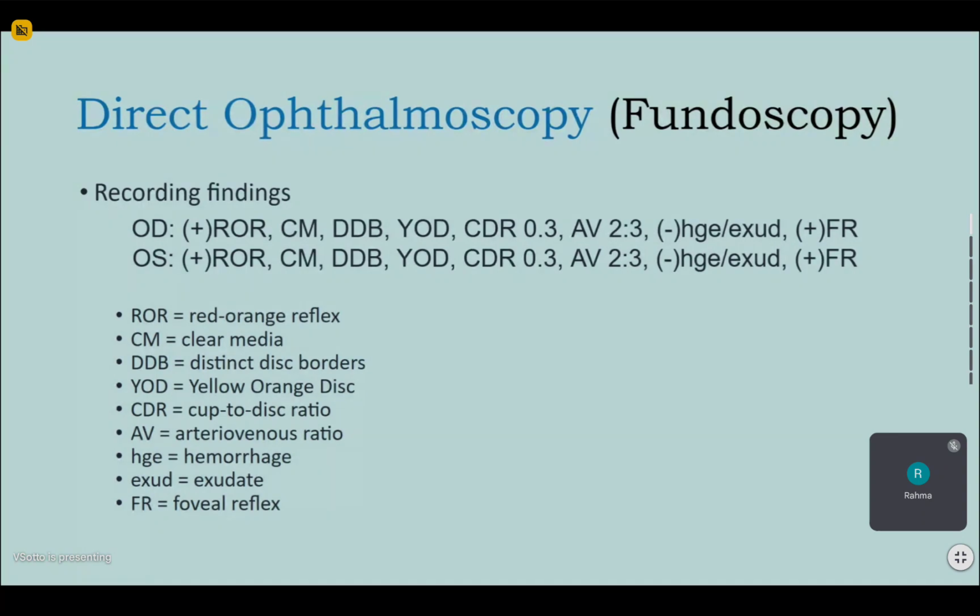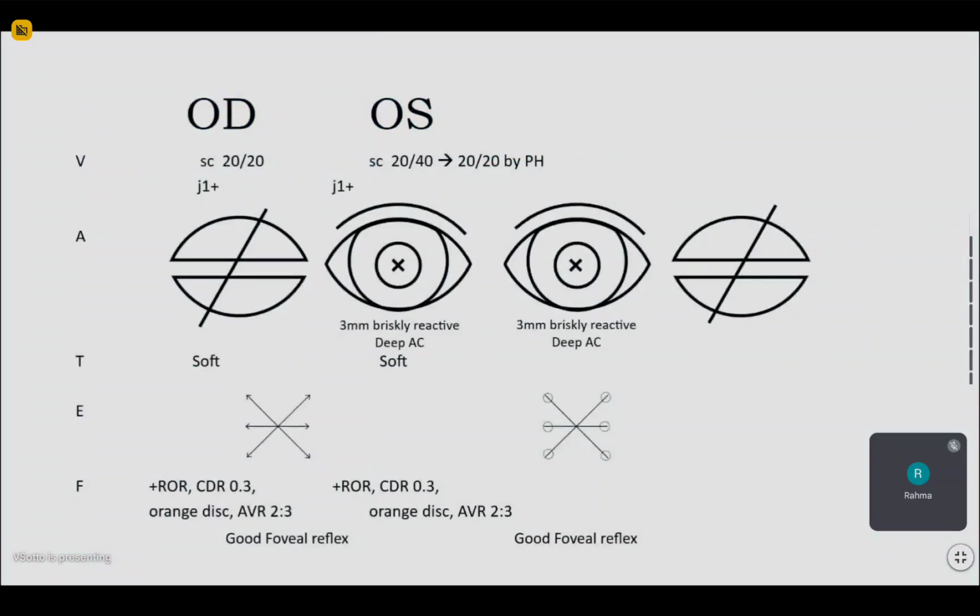You have to complete it: check for the media, the disc borders, the color of the disc, the cup to disc ratio, the AV ratio, presence of hemorrhage or exudates along the vessels, and the foveal reflex. So all in all, this is the report that we are expecting you to give.